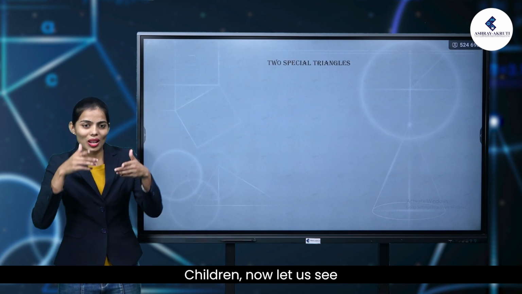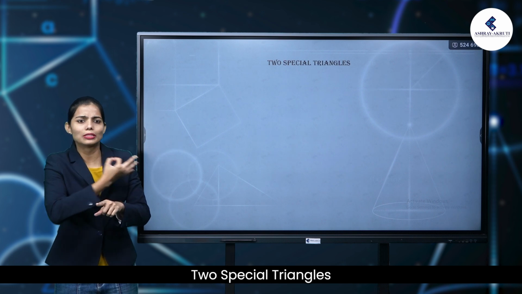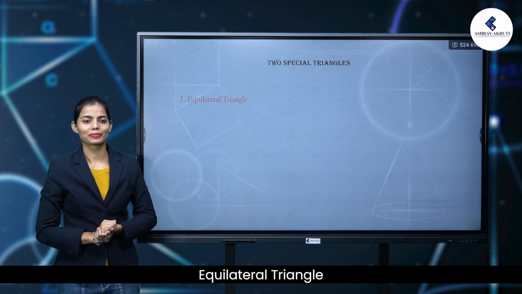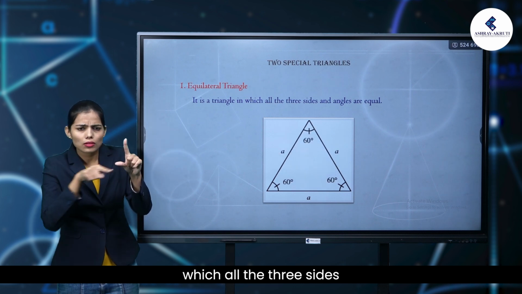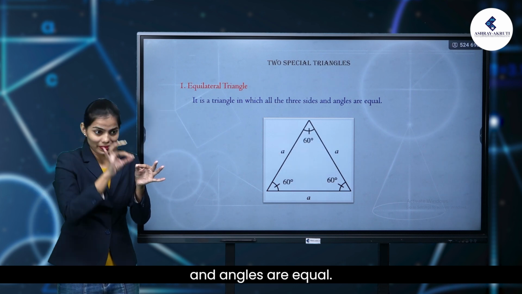Children, now let us see two special triangles. Equilateral triangle. It is a triangle in which all the three sides and angles are equal.